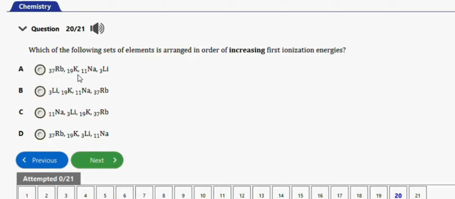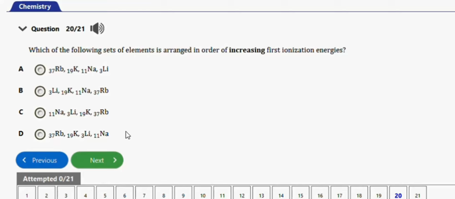After it we have potassium, sodium, lithium. So the right option here is option A guys. This is the correct order of increasing first ionization energy. All of these elements are in group 1 basically, going from the one that has the highest atomic number to the least. So that's it for this question.